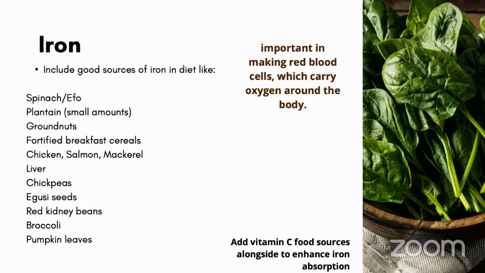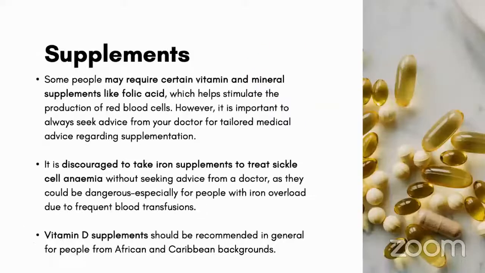Even some vegetables as well, like your lettuce, your broccoli. These are really good sources of vitamin C. Or you can have a small glass of orange juice alongside your meal, because that can also help iron absorption.